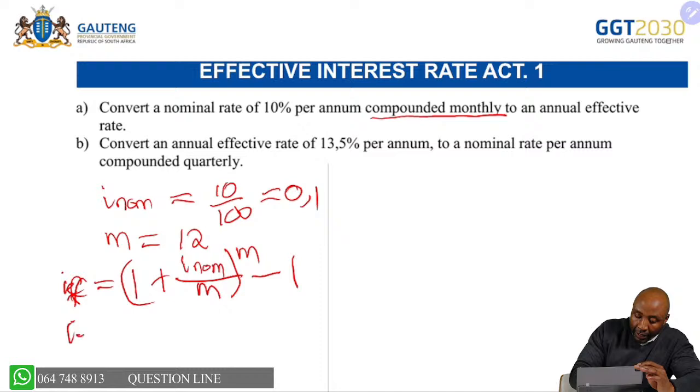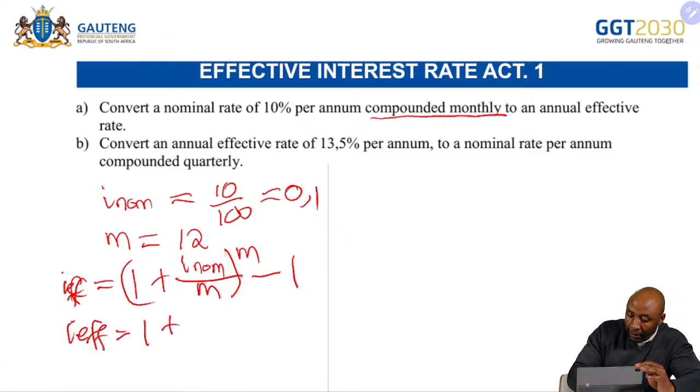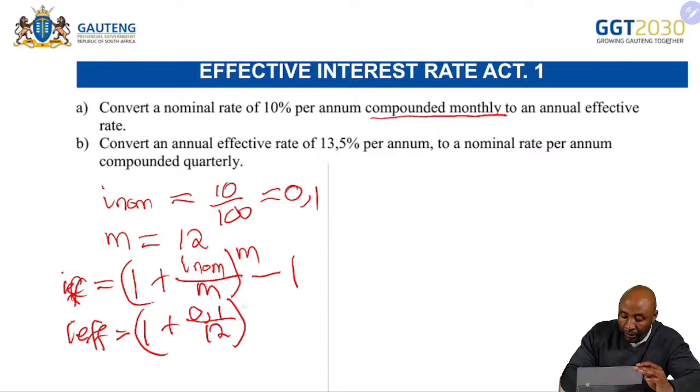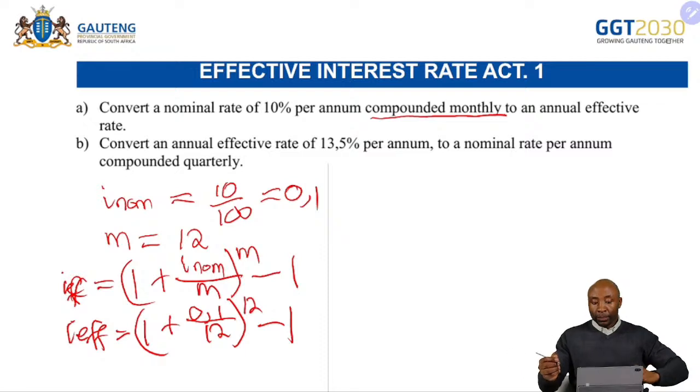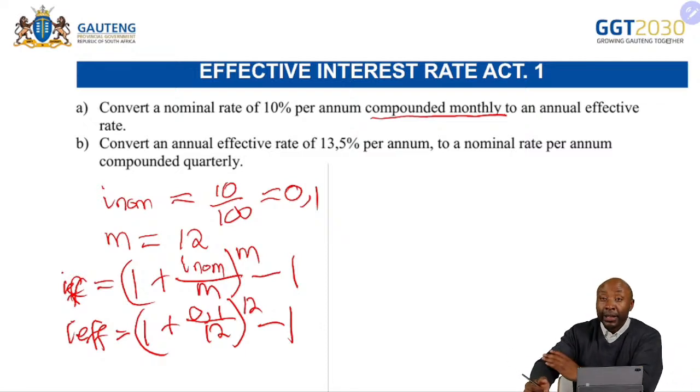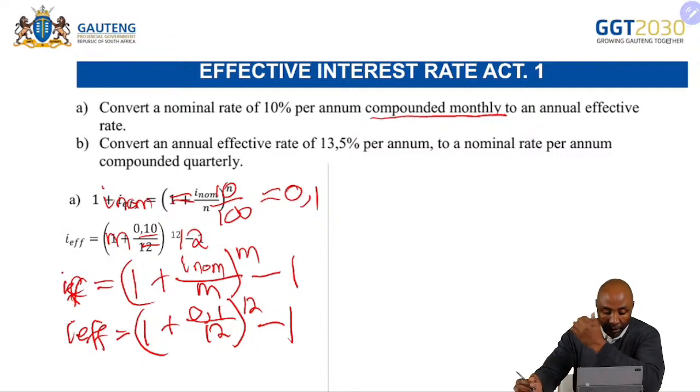Then I'll have I effective is going to be 1 plus, I can use any of the versions, let me use 0.1 over 12, to the power 12 minus 1. You can quickly punch this on your calculator, then the solution will come out, and this is what you would get.